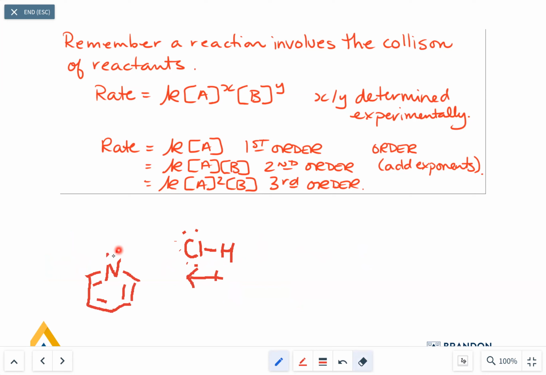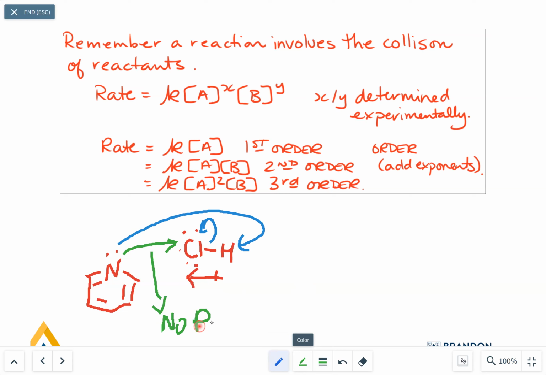We've got our Lewis base, which is going to come and grab this proton, and those electrons are going to move on to chlorine. That's all good, but if this comes in and collides with the chlorine side, there's going to be no reaction, because what needs to happen is these lone pairs need to actually hit that proton for the reaction to work, right?